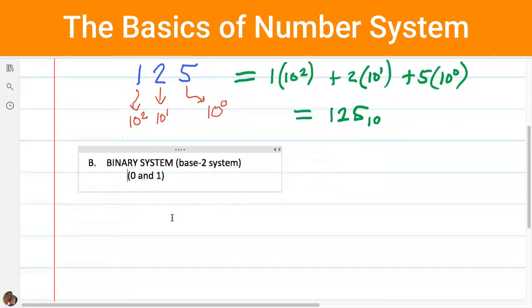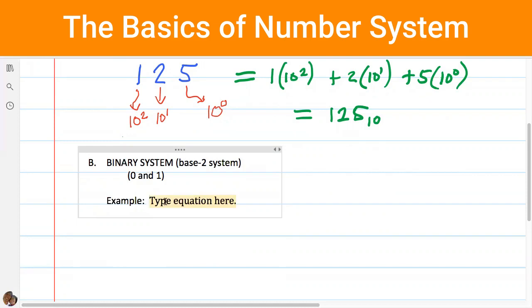Now going back to the number system, I have here an example of a base 2 number. Let's say I have 101 base 2.